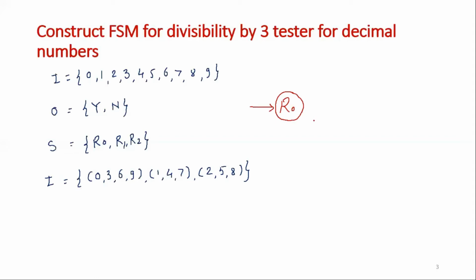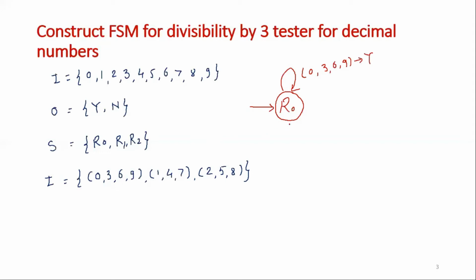Now in R0, if we get input as 0, 3, 6, 9, and when we divide this number by 3, it will generate remainder as 0 and output will be yes. So here in R0, if input is 0, 3, 6 and 9, output will be yes.